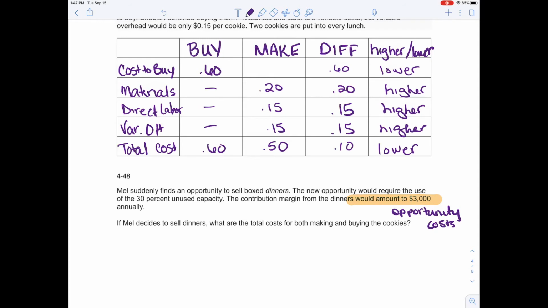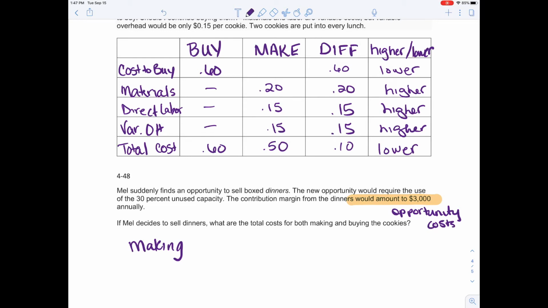And that needs to be considered when we're looking at how much it really costs us to make these items. So if I want to say the total cost of making the cookies would then change.